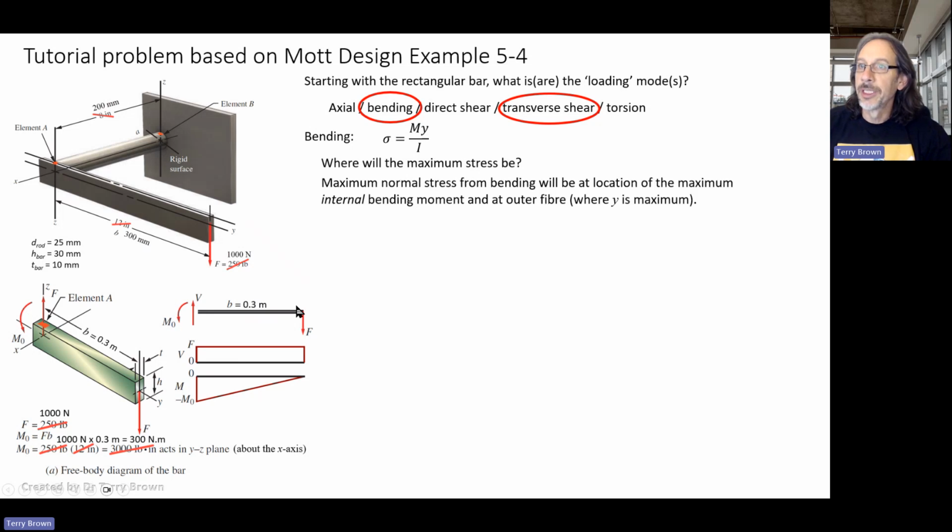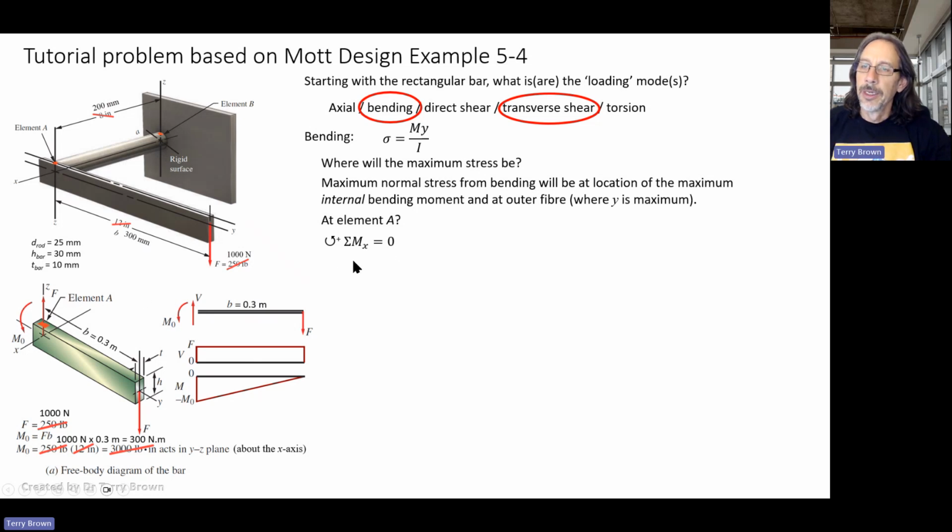So our maximum stress will be at the supported end, where the internal bending moment is maximum and where Y is maximum in this equation, which is the outer fiber. So is it at element A? That's what the textbook is tending to indicate, that the maximum is at element A.